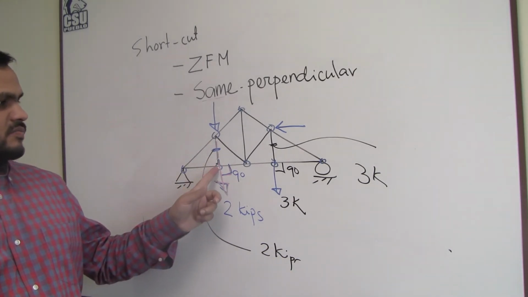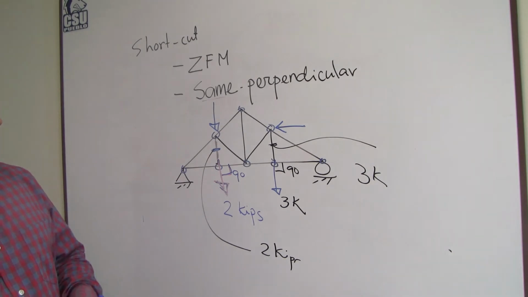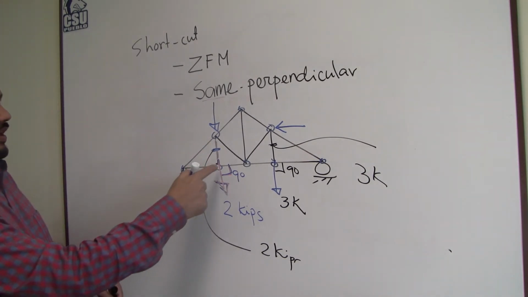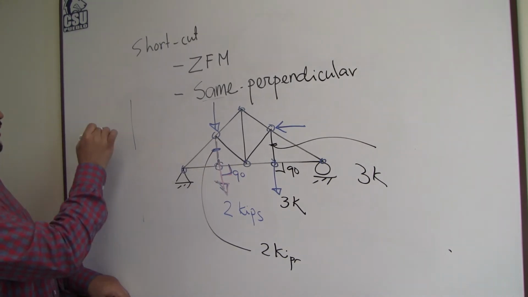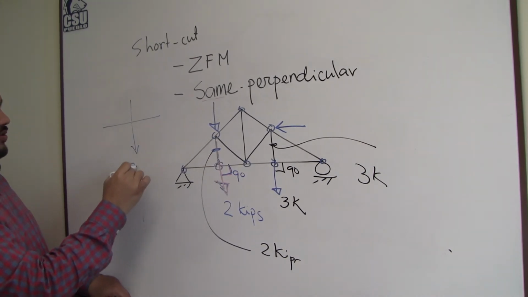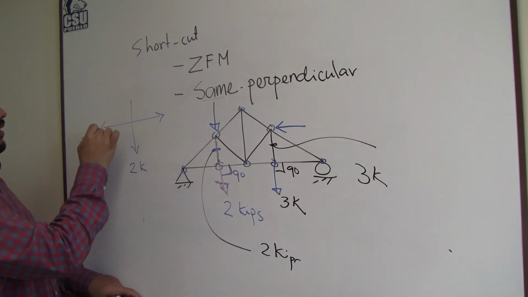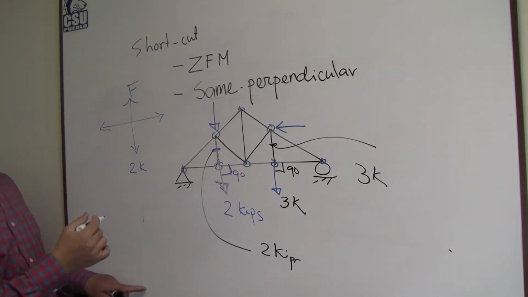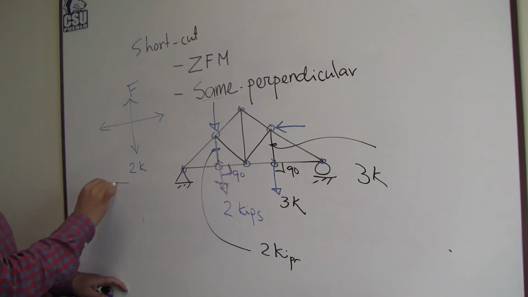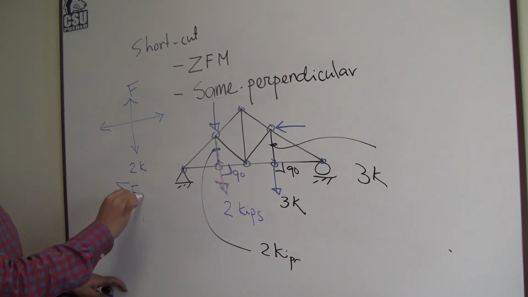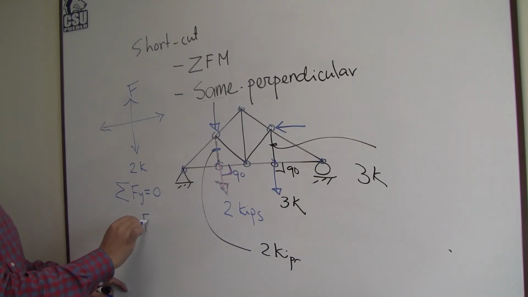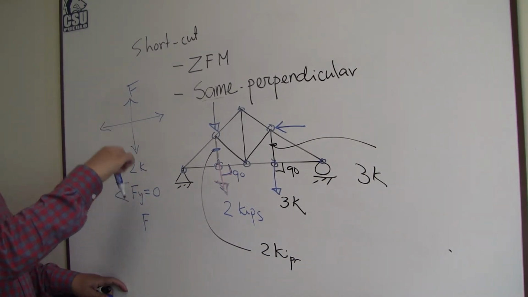If you take the joint method, if you take this joint, you will see it. If I draw this joint here, it is similar to this. This is 2 kips, one member, other member. Say the force here is F. If we apply summation of Fy equals 0, F is upward, 2 is downward.